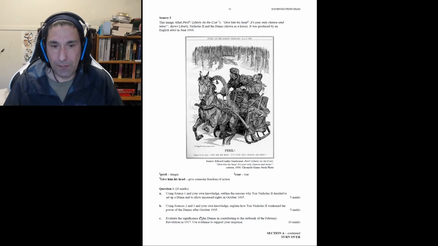So lots of things you can do here. You could talk about the Viborg appeal as well, once the first Duma was dissolved in June 1906. Lots of things you can refer to there. Anyway, let's keep moving on.